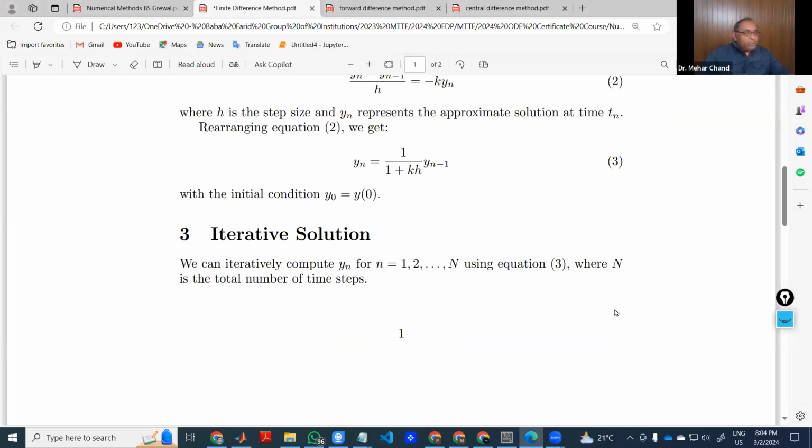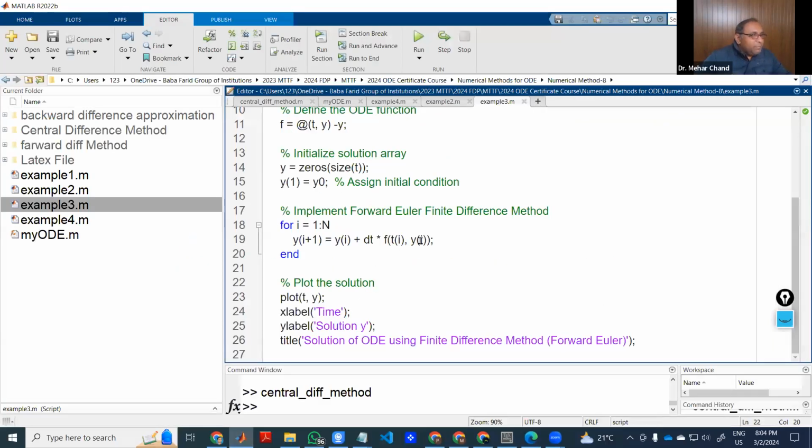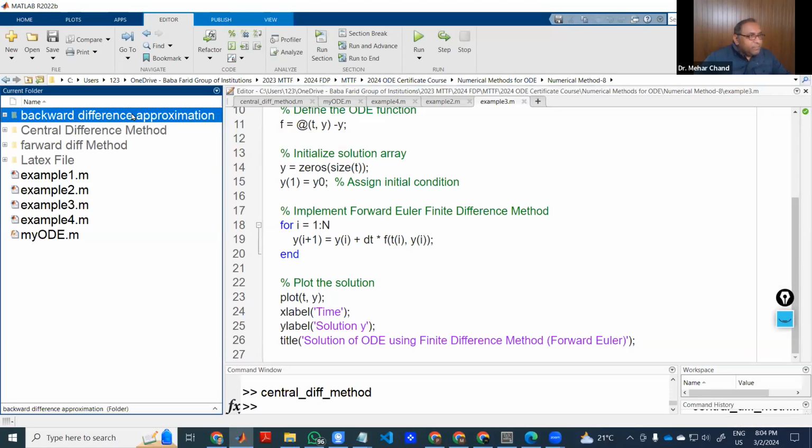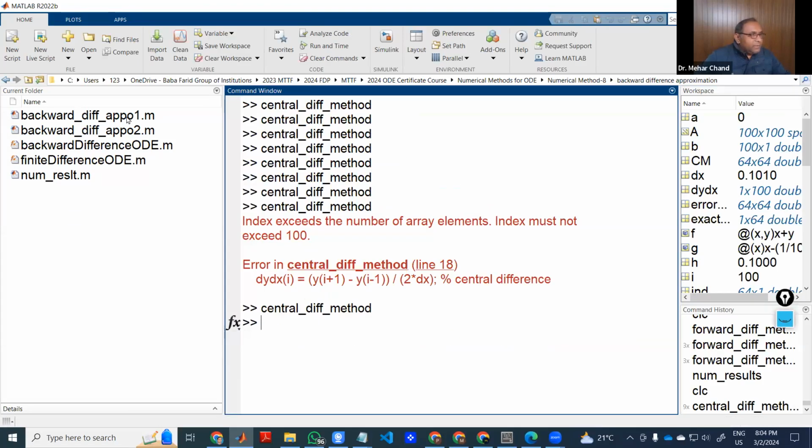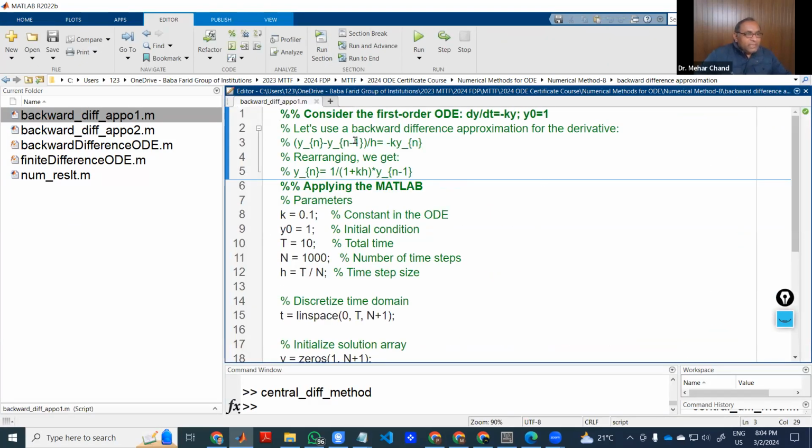Now come to MATLAB for the implementation, and this is the backward difference. Close all these files, and you can see the same content here.